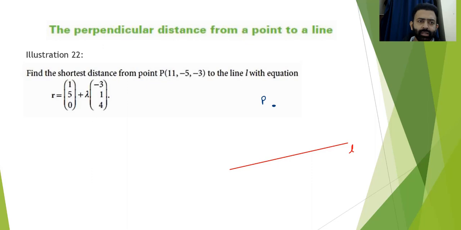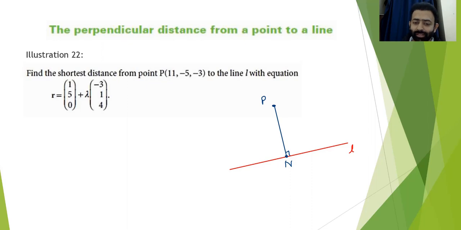Let us say the perpendicular distance is denoted by NP, where N is the point of intersection of this perpendicular with the line L. I'm calling this point N. What we have to find is the shortest distance, and the perpendicular distance is the shortest distance.